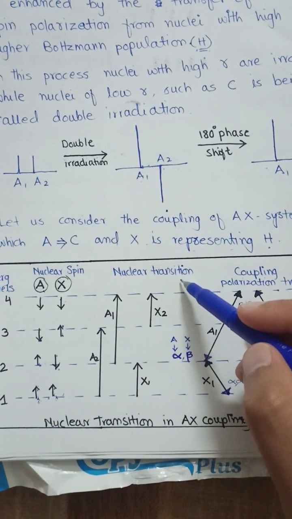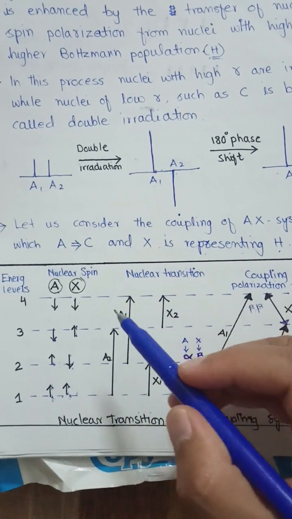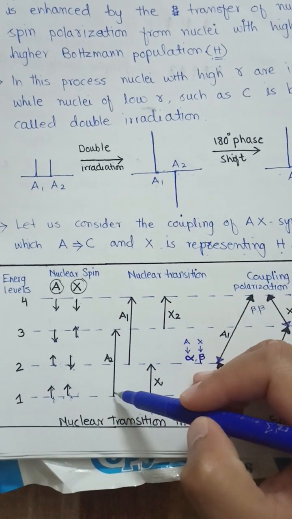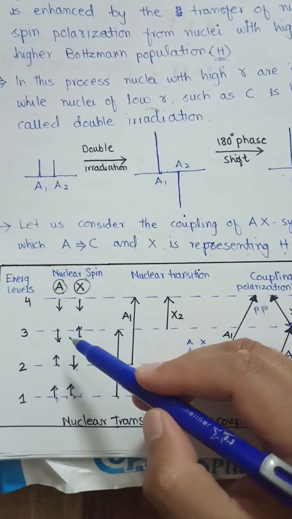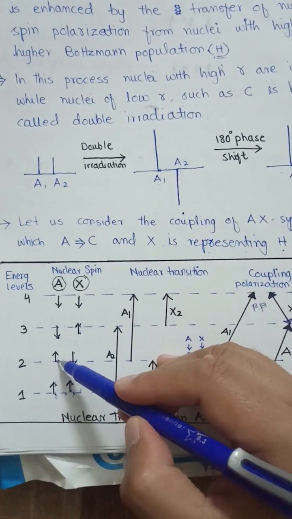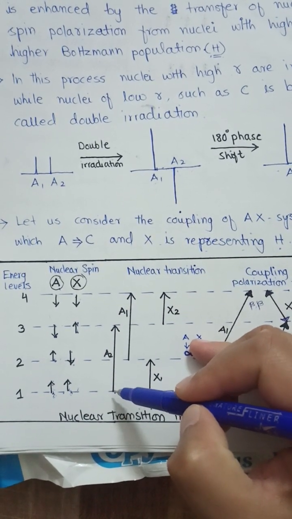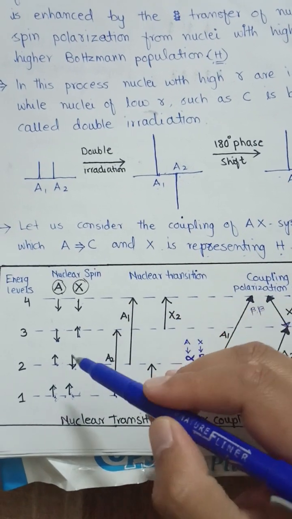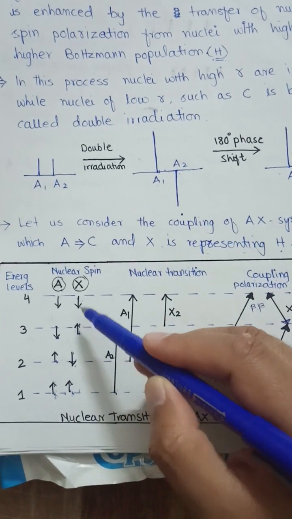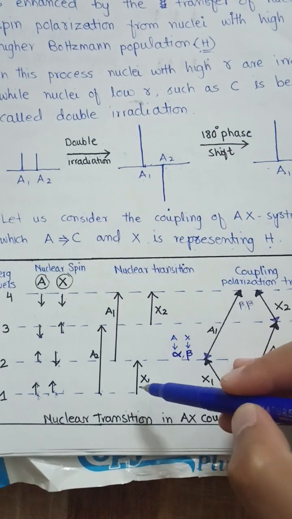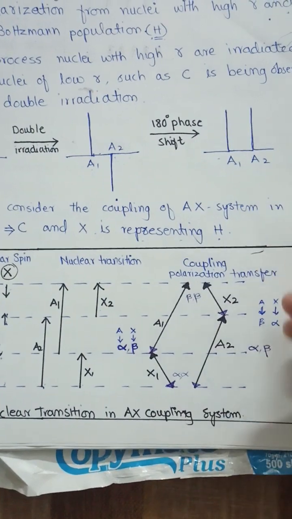During nuclear transition, what kind of transition can occur? It is from alpha to beta spin state. For carbon, it will be either from 1 to 3 or from 2 to 4. So these two possible transitions occur in carbon, while in X, which is the proton, it is from 1 to 2 or 3 to 4.